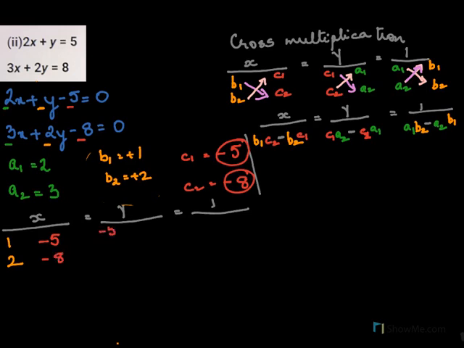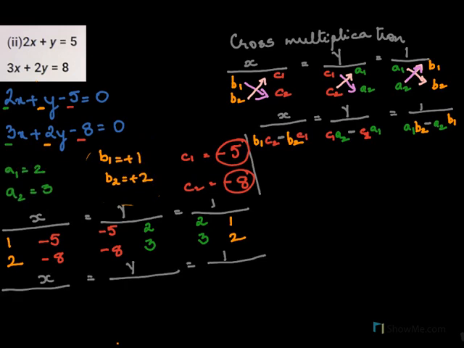Then repeat C1, C2, minus 5, minus 8. Now it's time to write A1, A2. So here goes 2 over 3. Then you repeat A1, A2. And now it's time to write B1, B2, 1 and 2.